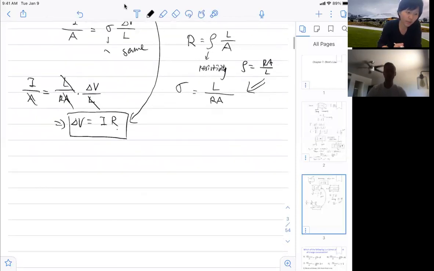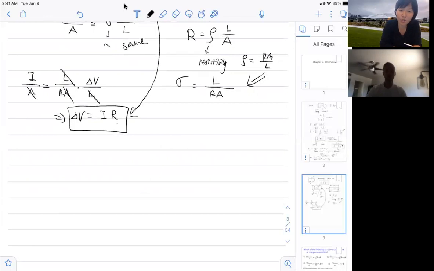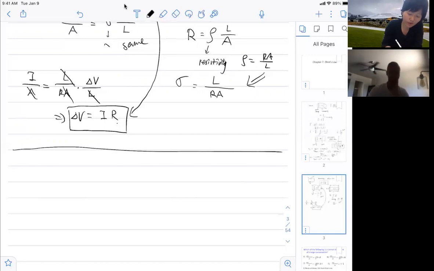So how do we describe the idea of charge conservation using mathematical equations? How do we write it out? For energy, E initial equals E final.